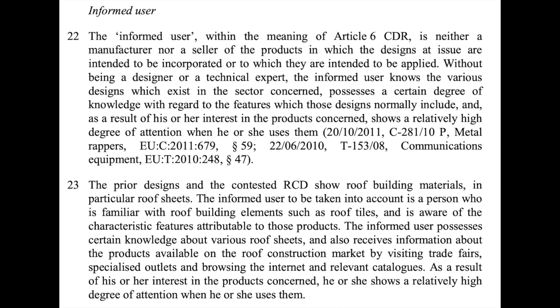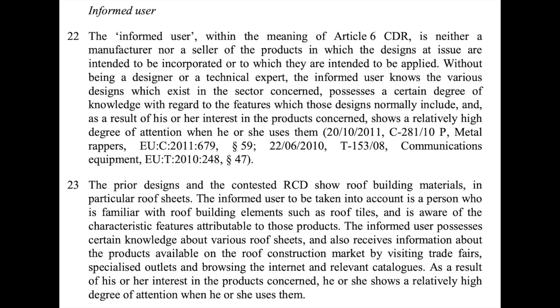And point 23 then makes the point with regard to roof tilings. Both signs, by the way, are designated for roof tiles. It makes the point that this informed user knows roof tiles reasonably well, and goes even to specialized outlets and trade fairs.